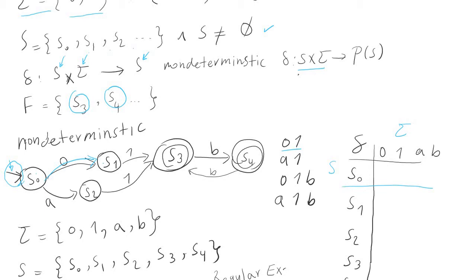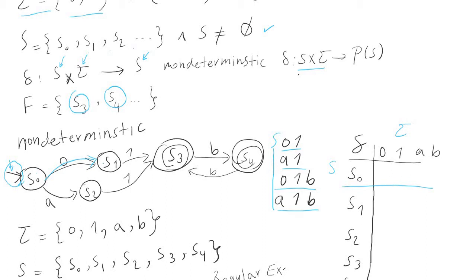If we pass A and 1, we will reach a final state. We can pass 0, 1, and B and we will stay in the final state, and A, 1, B will also be in a final state. So these are the words that our state machine accepts. These are the accepting states that our state machine can go to.